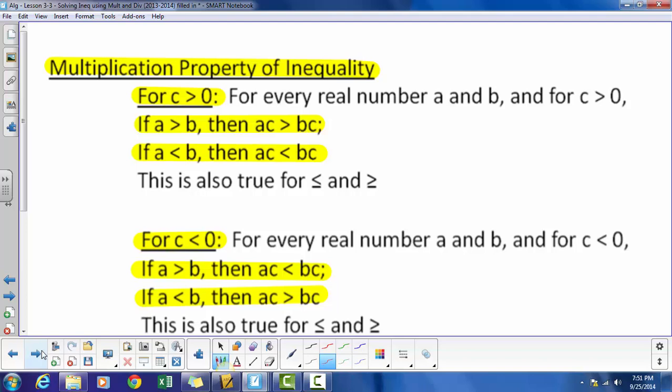Another thing, remember that the multiplication property of inequality, just like the multiplication property of equality, says that if A is greater than B, then A times C is greater than B times C. If A is less than B, then A times C is less than B times C. All right? This just means that whatever you do on one side, you must do to the other.